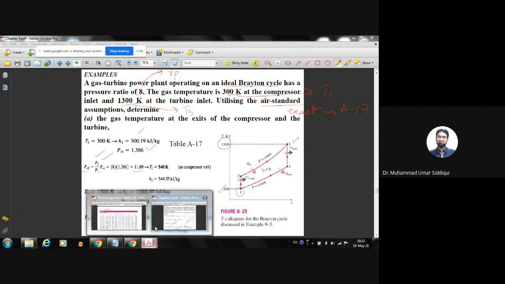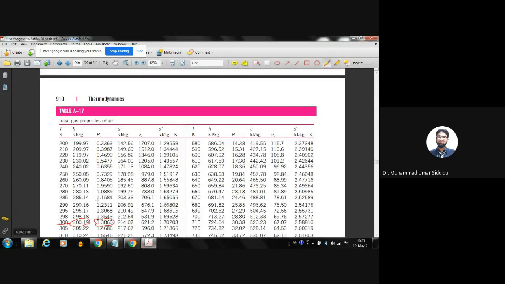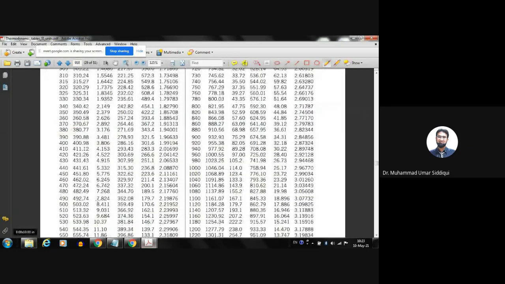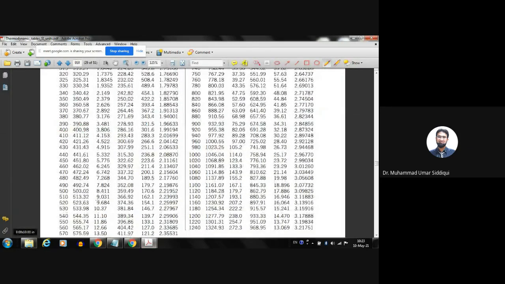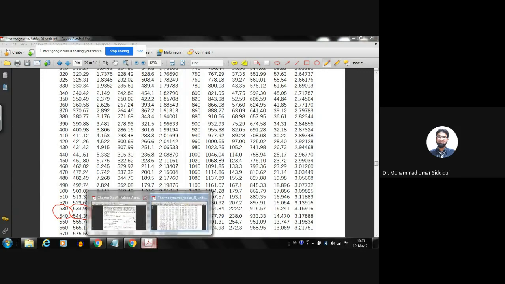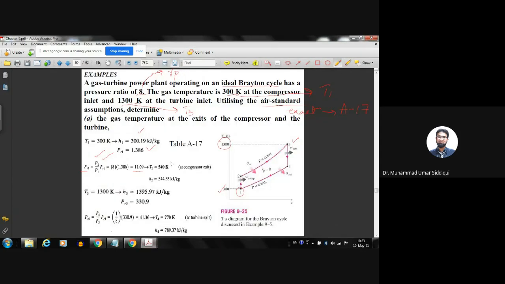If we go back into the table, 11.09 would be somewhere between these two values. So we can determine T2 and H2 by interpolation. So this will be T2, this will be H2.